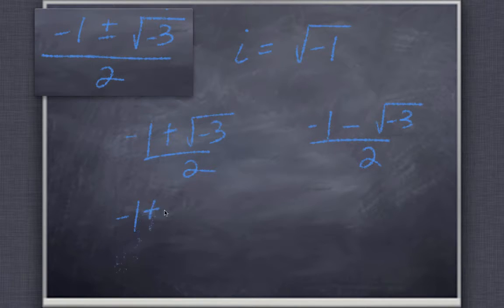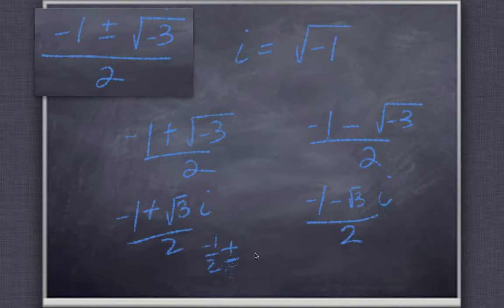So this is -1 plus root 3 i over 2, -1 minus root 3 i over 2. So this one's -1/2 plus root 3 over 2 i. This one's -1/2 minus root 3 over 2 i.